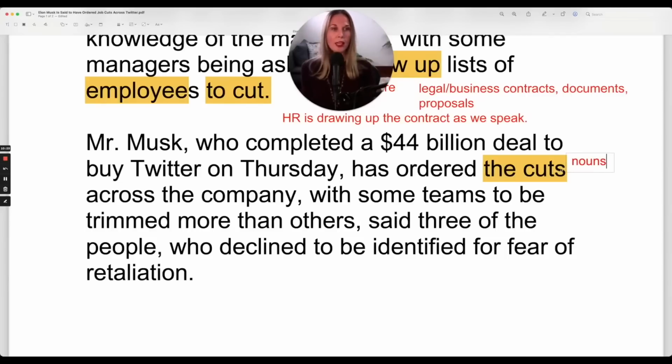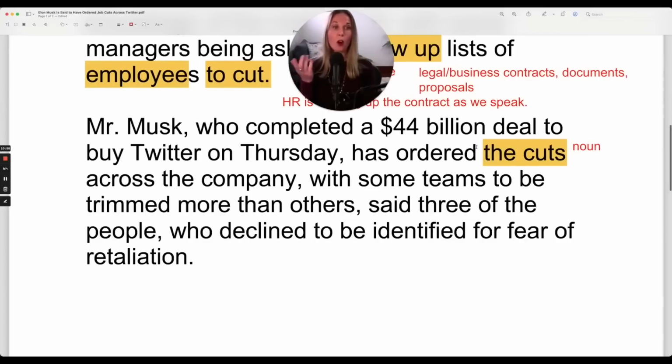Notice how it's in plural because it's more than one. Technically, you could use it in the singular and say, we cut one job. There was a job cut. A job cut, that's a something. There was one job cut at our company. So this is a noun.